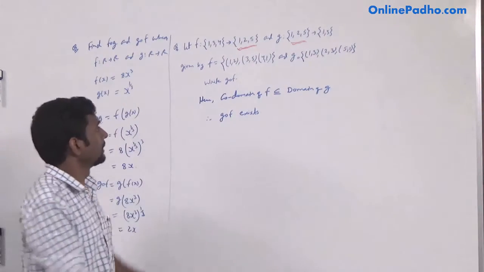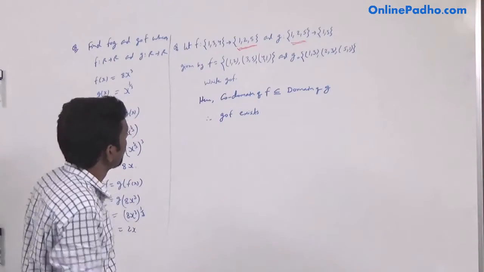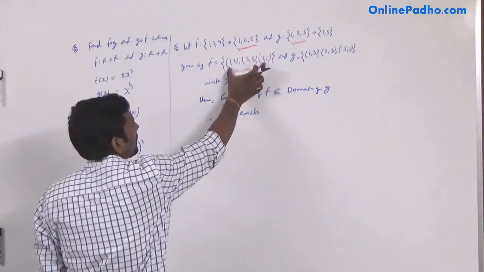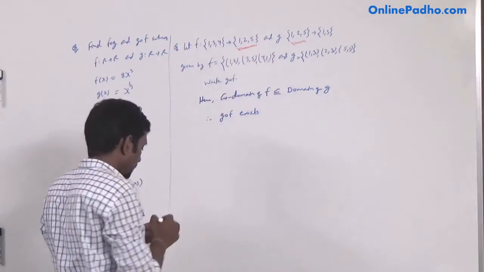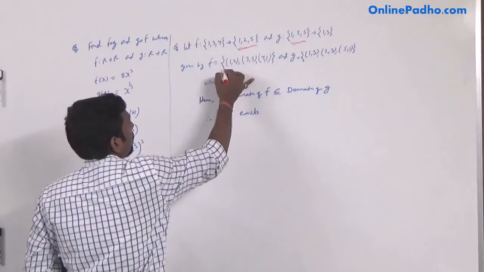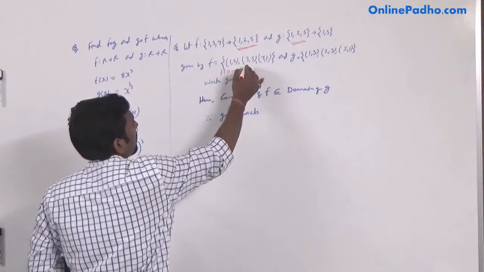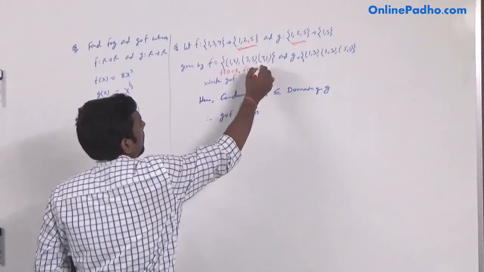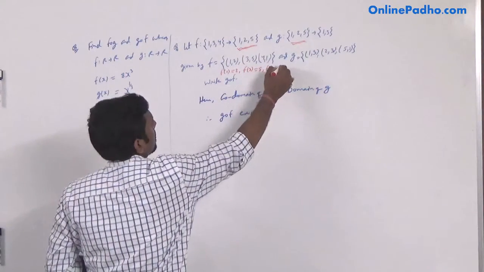If GOF exists, we can find it. How can we find GOF? What is the meaning of f? It can be written as f1 equal to 2, f3 equal to 5 and f4 equal to 1. According to mapping, that is the value.